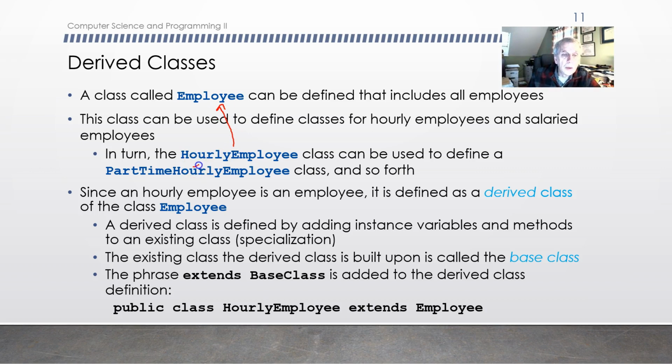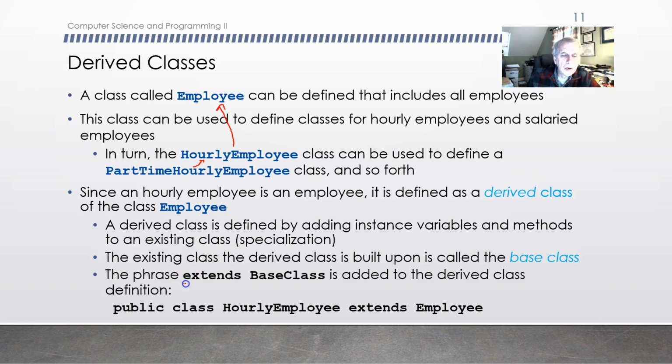If we go a step further to part-time hourly employee, it would inherit everything that an hourly employee has, some of which would be inherited from a regular generic employee. So let's look at this with some code and a bit of an example.